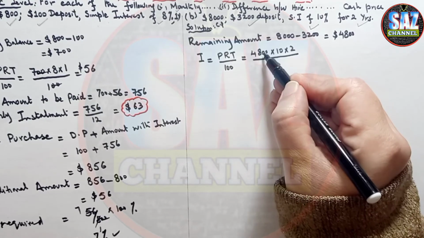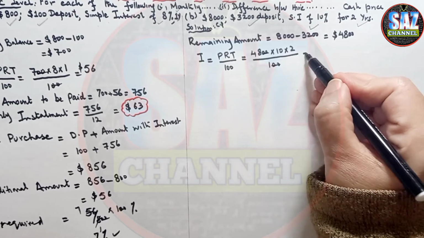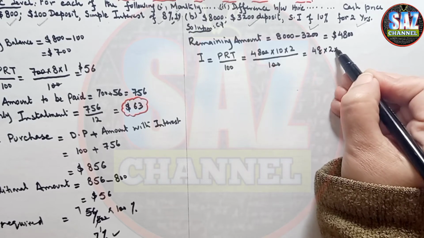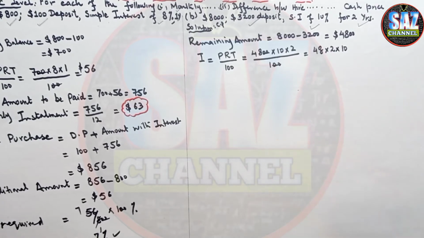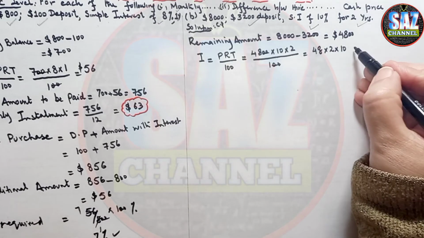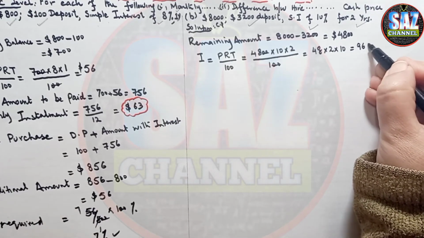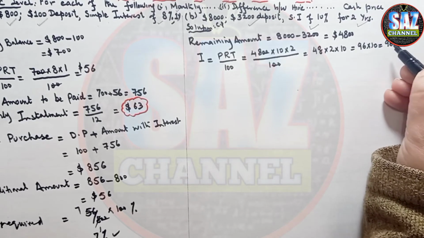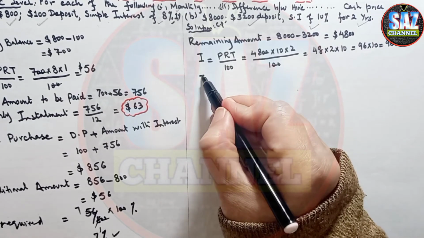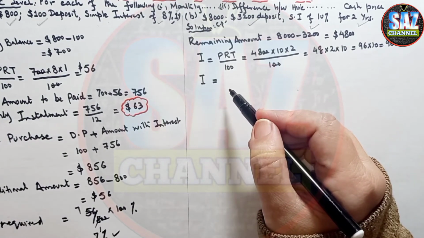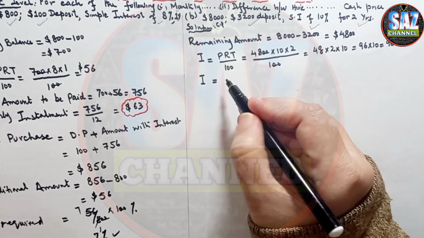Now 2 zeros can go and I'm left with 48 multiplied by 2 multiplied by 10. 48 twos is 96, 96 with 10. Learn to make your calculation easy because the questions can come in paper 1 as well. So amount of interest that I have to pay on $4,800 is 960 for 2 years.